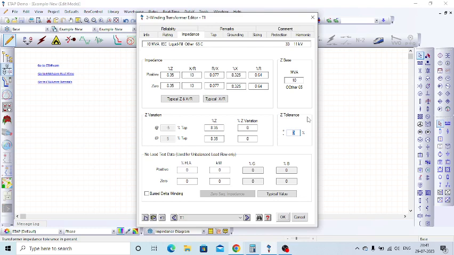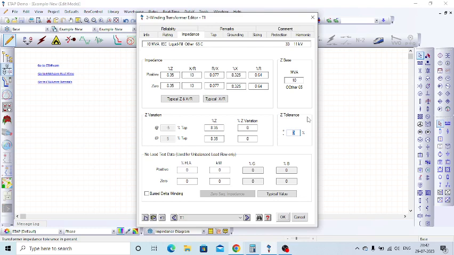That could go up to 10 to 15 percentage tolerance in impedance, based on the power rating. The impedance variation is given in the IEC standard, I think 60076. In that standard, the impedance variation for different power rating transformers is available. So based on that, they will give it.